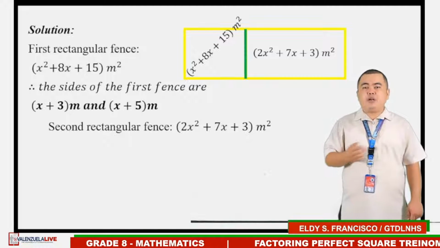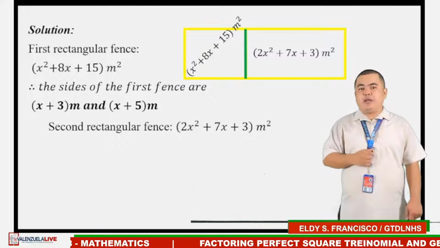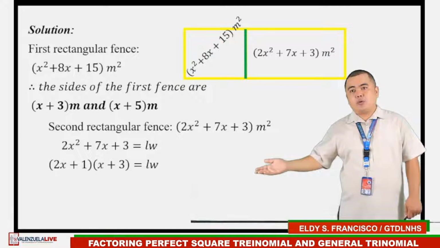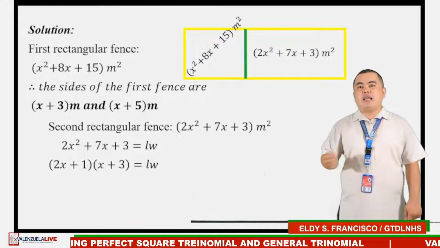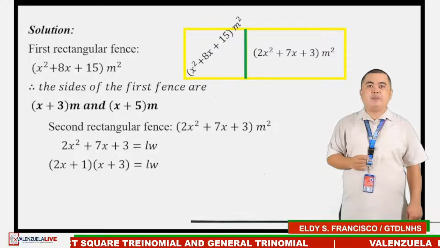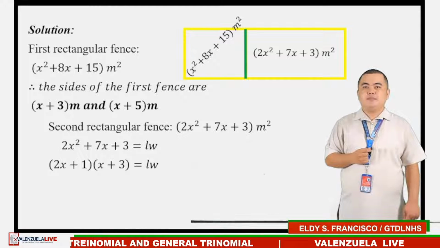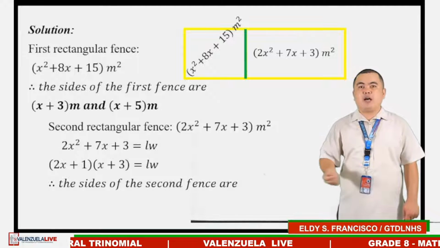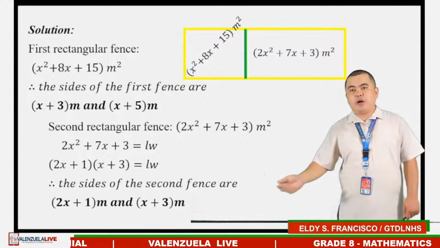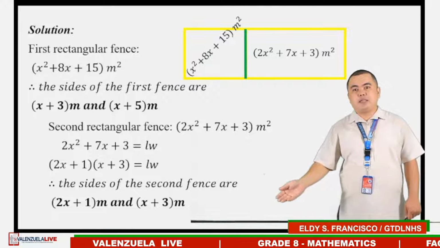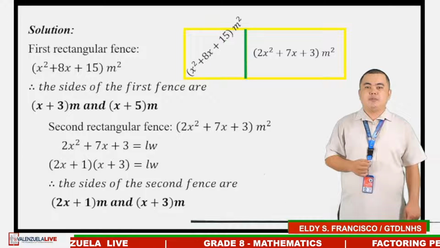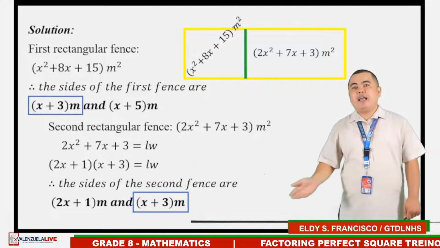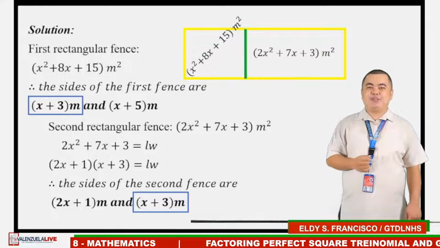And by applying our learnings about factoring this kind of polynomial, we obtain quantity 2x plus 1 times quantity x plus 3 equals length times width. Therefore, the sides of the second fence are 2x plus 1 meter and x plus 3 meter. And last, our common side is x plus 3 meter.